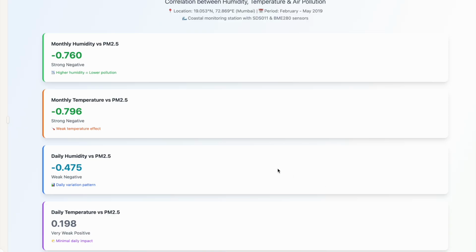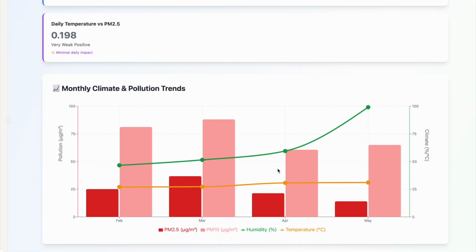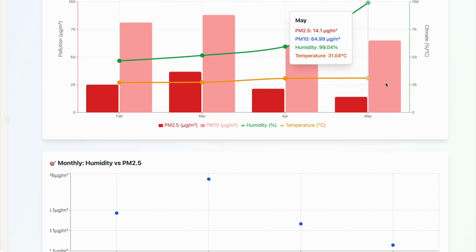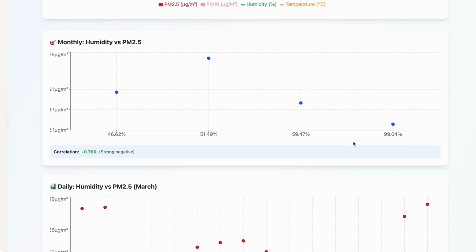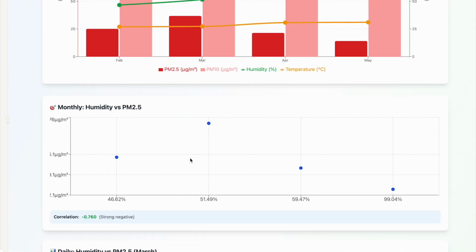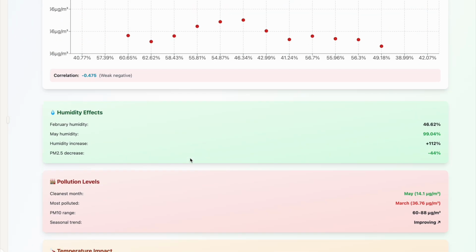So here is the visualization it has come up with. As humidity increases, the pollution level stays the same as per analysis done by ClickHouse MCP. The same is evident from these graphs. This has clearly hallucinated, and the analysis done is incorrect.